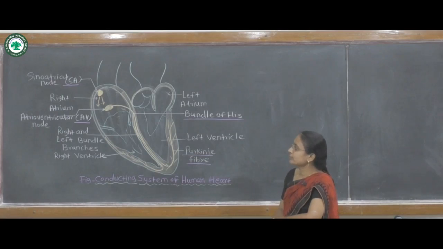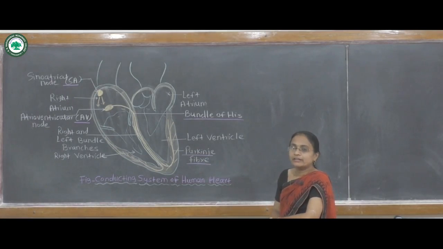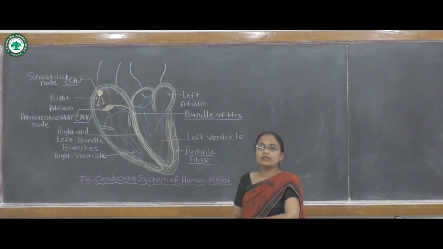On the lower side, the right and left ventricles are known as distributing chambers. These chambers distribute deoxygenated and oxygenated blood respectively to all the body parts.